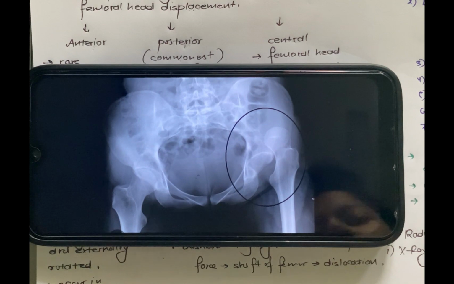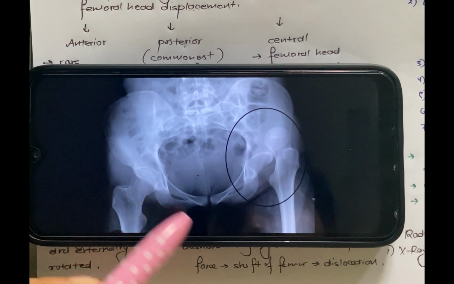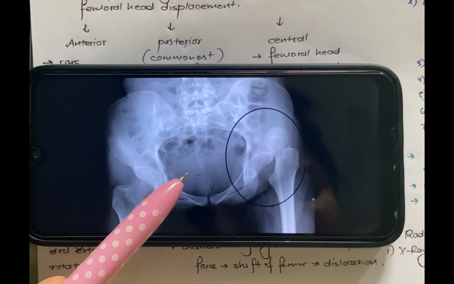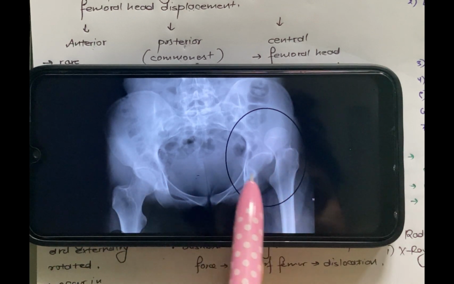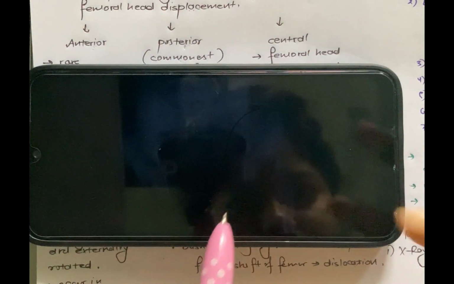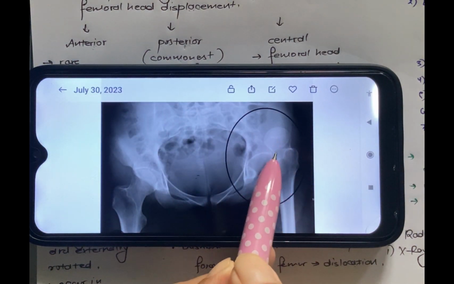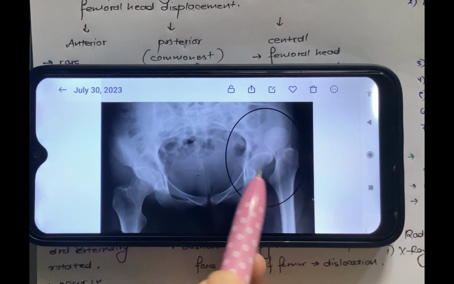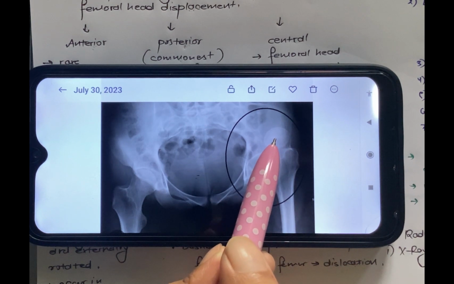And now let's talk about the radiological features. In the X-ray, in the anterior posterior view, we can see that the femoral head is out of the socket and it is above and behind the acetabulum. This is the acetabulum, and the head of the femur is above and behind it.